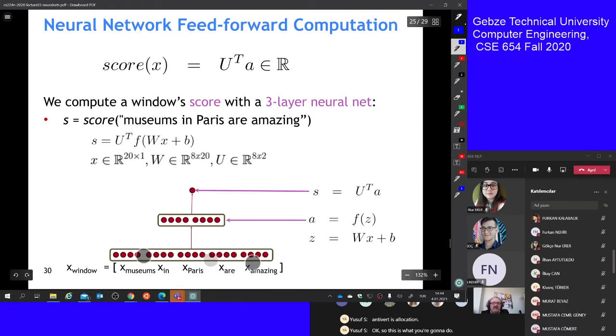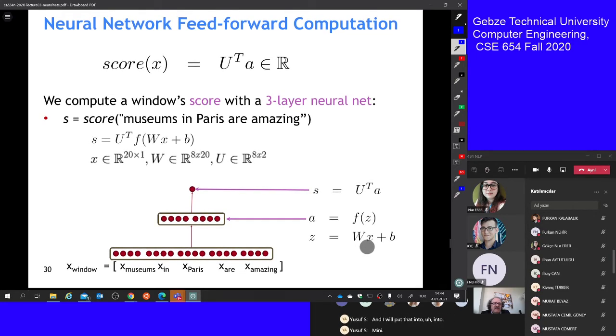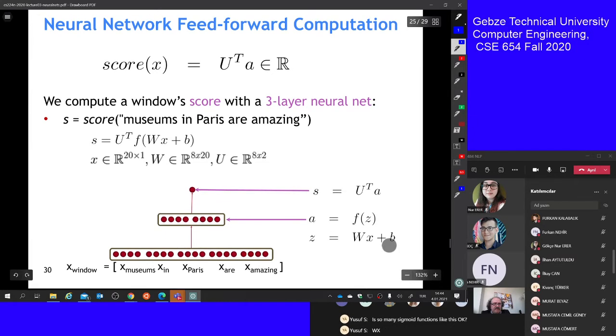This is our 20-dimensional input, and I will put that into many sigmoid functions like this. Okay, w x plus b, and I will put it through this f. And I will have 8 of them. See, there are 8 neurons. There are 8 A's.